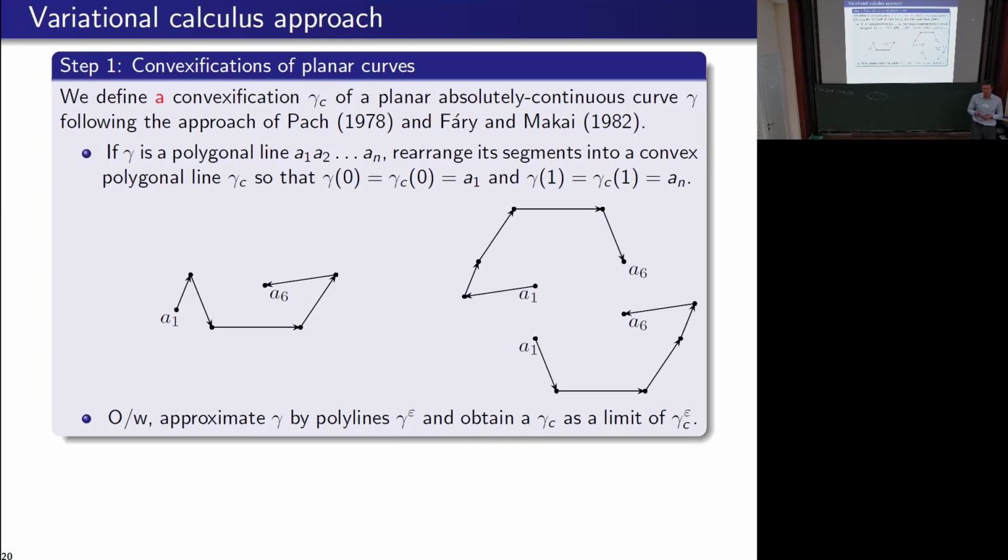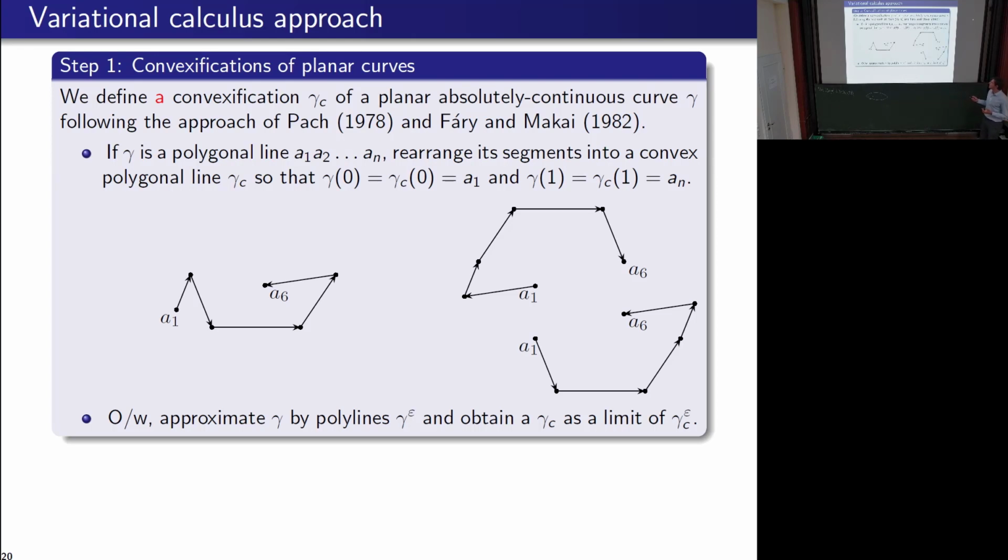So step one is to show that we can minimize over convex curves, and here we'll do a reduction by using what is called convexification of planar curves. The picture is self-explanatory. If you have a polygonal line which consists of some linear segments, then we can convexify it, rearranging the segments into increasing or decreasing order by angle.